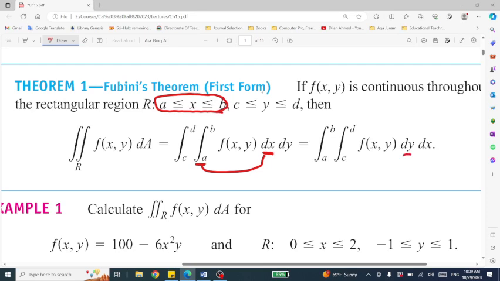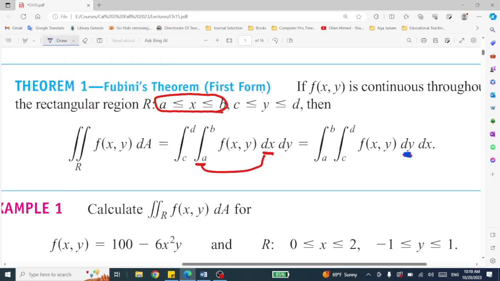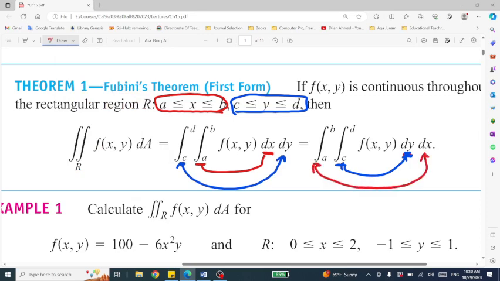How about dy? You can see in another color, let me use blue. For dy, here should be y, and y is between c and d. So whichever variable is in front, that variable is integrated first, and the boundaries of the region should correspond like that. Is that clear, dears? Shall I repeat it?